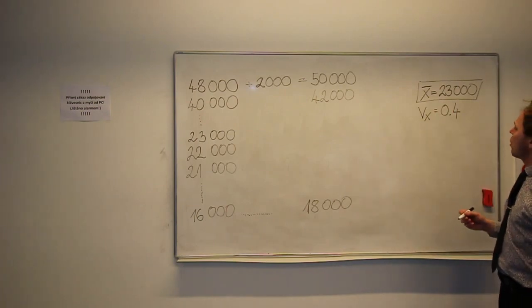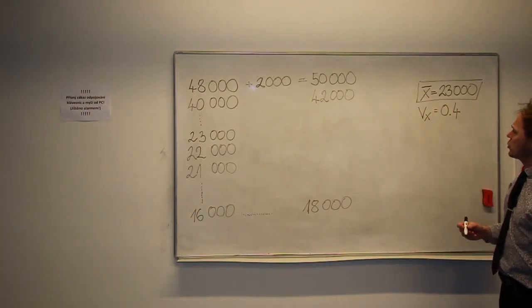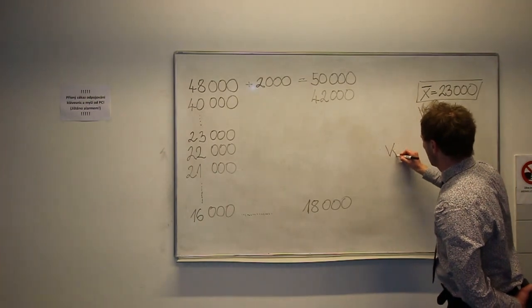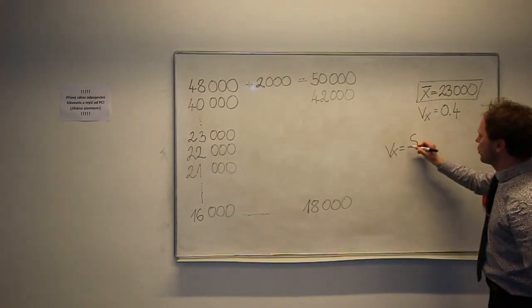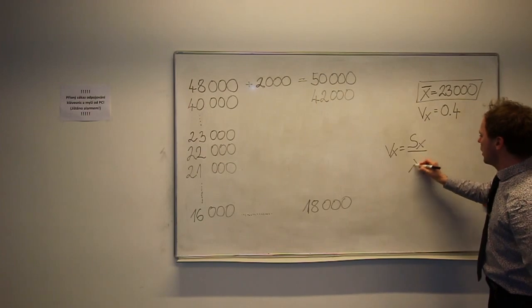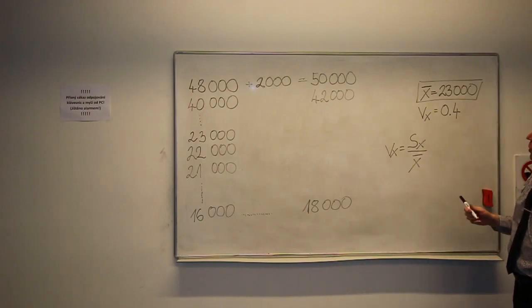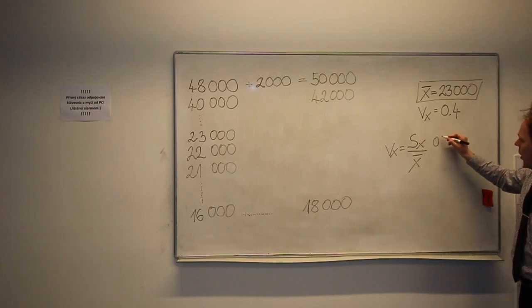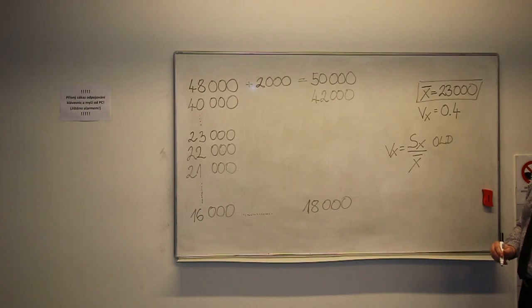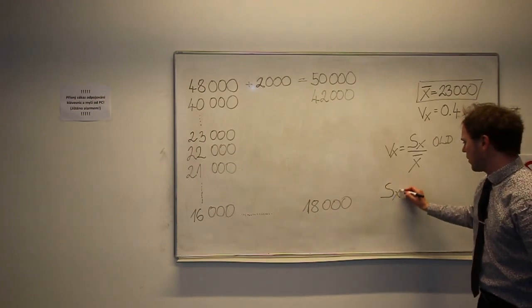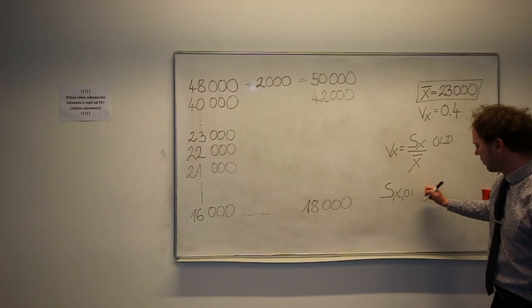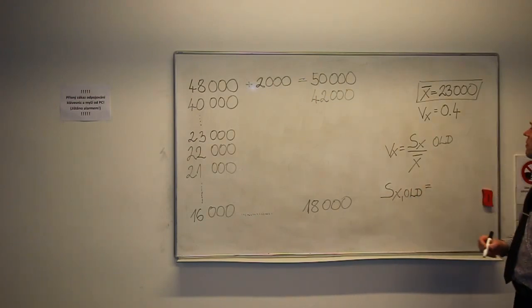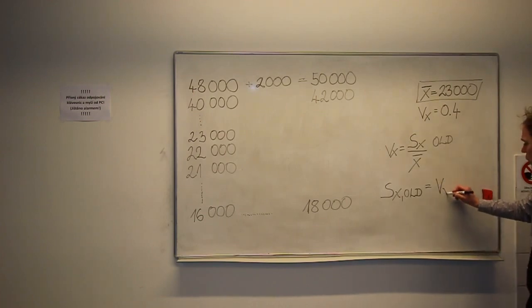So we must know how we calculated this variation coefficient. The variation coefficient is calculated as the ratio of the standard deviation and the arithmetical mean. Okay, so we can calculate the original, old standard deviation, yes, standard deviation old. Wait a second. The original standard deviation is the variation coefficient multiplied by the mean.